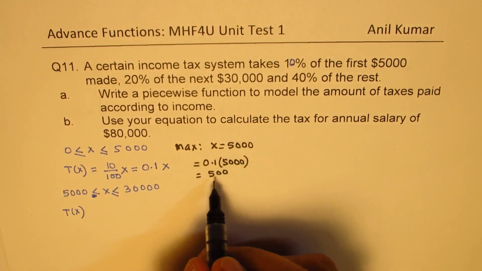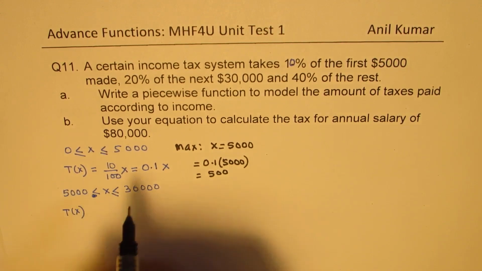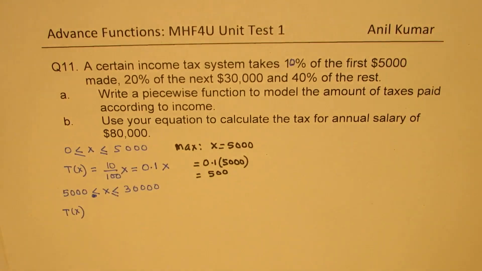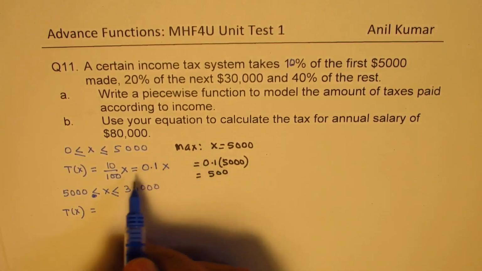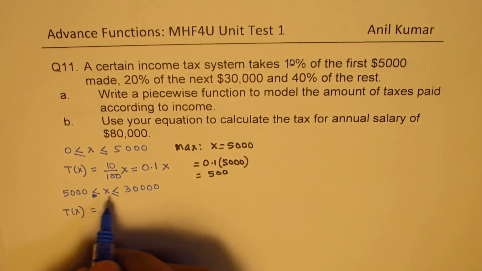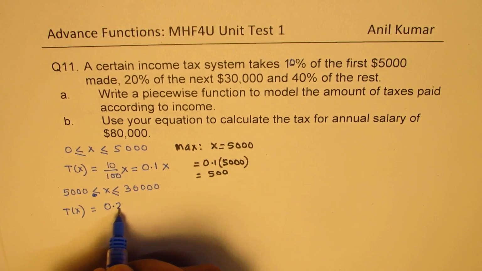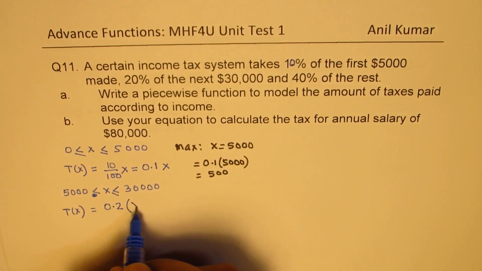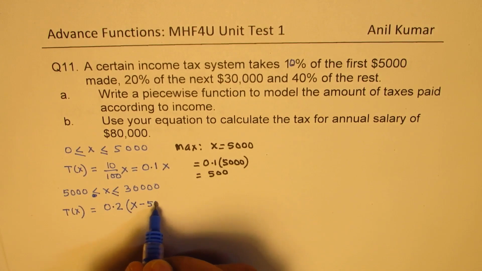So you pay 500 on the first 5,000 and the balance you pay 20%. Does it make sense to you? So the tax in this interval will be, you pay 500 on the first, right, and the balance of 20%. That means 20% is 0.2, and that is what you pay on everything earned more than 5,000.